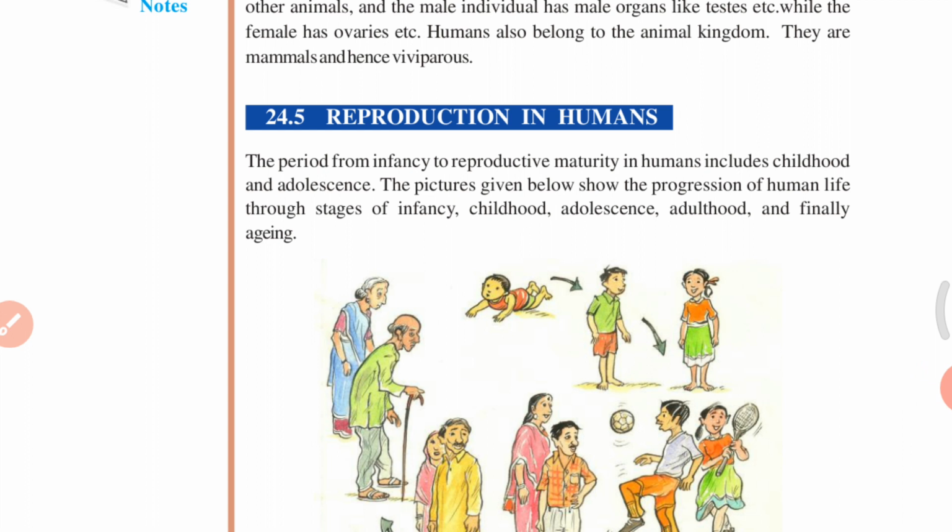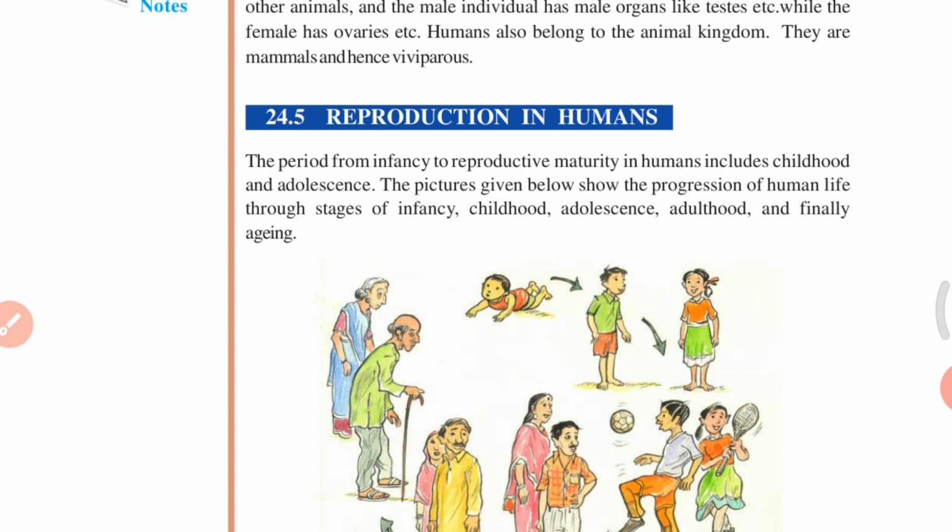After reaching adolescence, the sex organs start growing, and on completing adolescence or reaching about half of that period, all the sex organs become mature and the human attains the ability to reproduce.